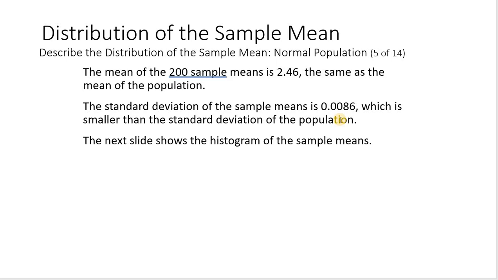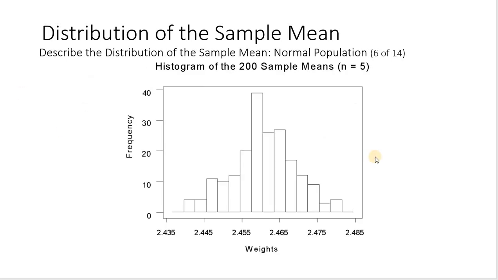In the next slides, we will discuss the shape of the distribution. This slide represents the histogram for the 200 sample means. This is the sample mean distribution, which means we collected all of the sample means and then created this graph. It shows that it's bell-shaped, or normally distributed.